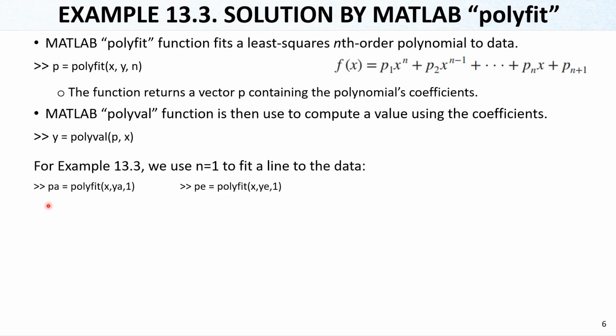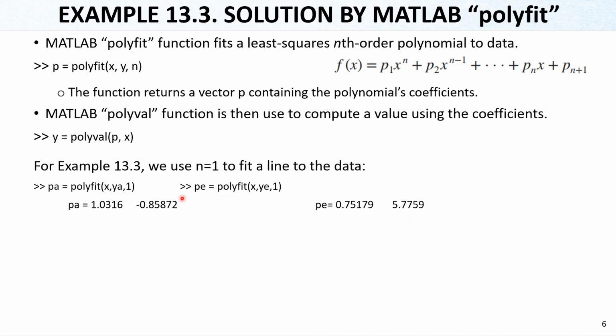PA will give the linear regression coefficients for the analytical model results, and PE will give the linear regression equation coefficients for the empirical fit. And here we obtained the same coefficients that you saw in the previous slide. You can go back and check. They are the same. And here also for the empirical model, we have the same coefficients as well.